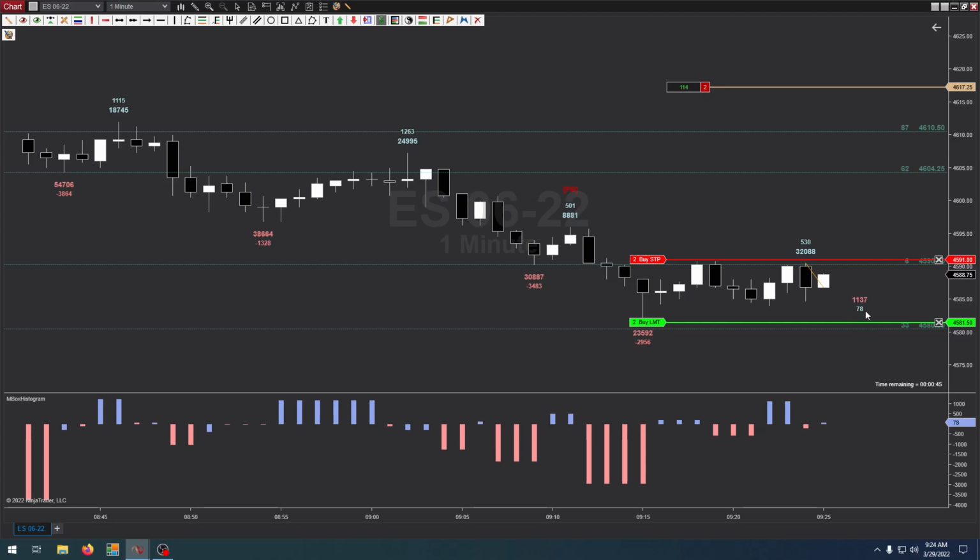Positive volume delta here, so I'm probably going to be taken out. Positive volume delta. Now we're trying to confirm a swing low, but we're not going to, I don't think.